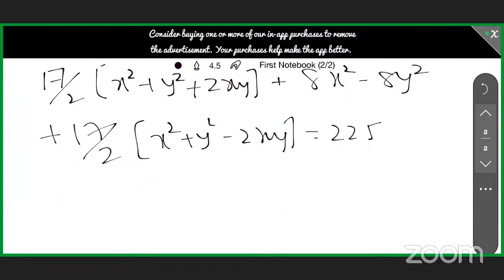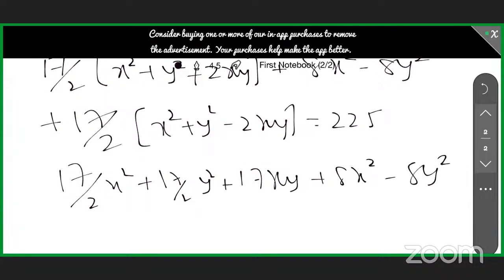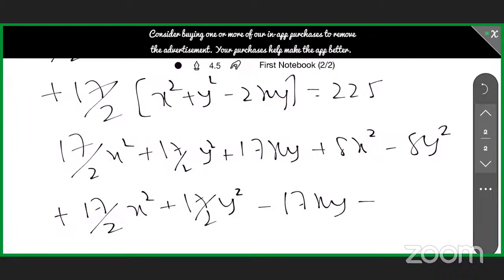Now simplify once again, take 17 by 2 inside: 17 by 2 x square plus 17 by 2 y square plus 17xy plus 8x square minus 8y square plus 17 by 2 x square plus 17 by 2 y square minus 17xy is equal to 225.